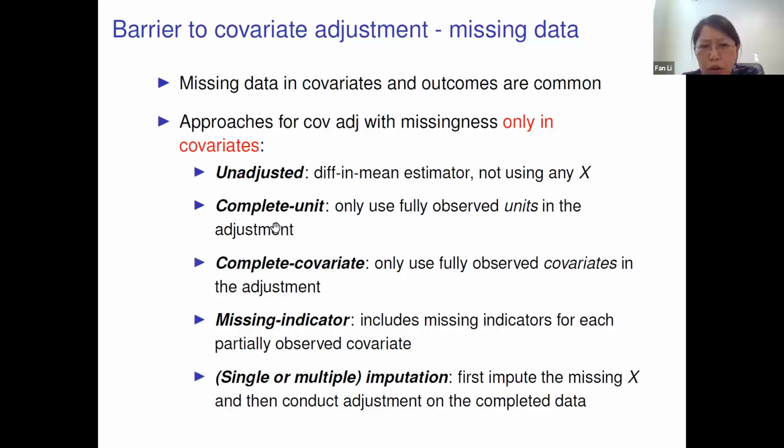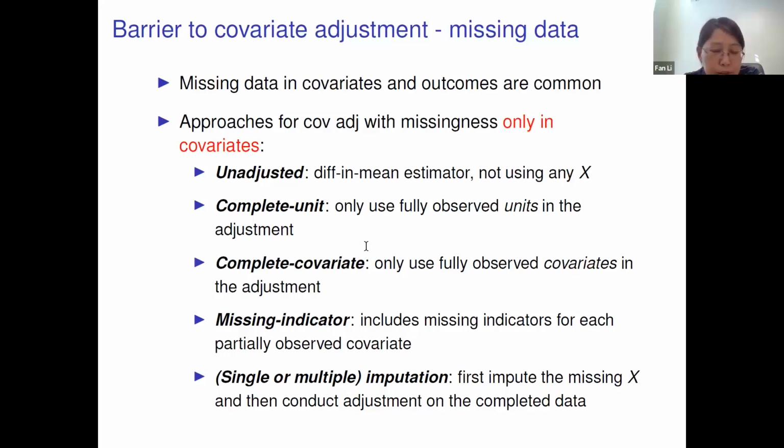Another approach is called complete unit, which basically uses only the fully observed units in the adjustment. If any unit has any missing data in covariates, then you just throw it away. This doesn't sound like a good idea immediately. Another approach is called complete covariate. Basically, when you do any adjustment, you only use covariates that are fully observed.